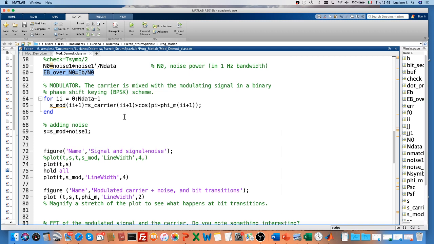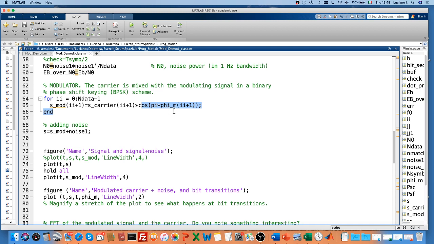So we have an incoming signal which is modulated, and modulation means multiplying. So I multiply the carrier by the modulation, and the modulation is cosine of pi multiplied by the phase that I've decided above.